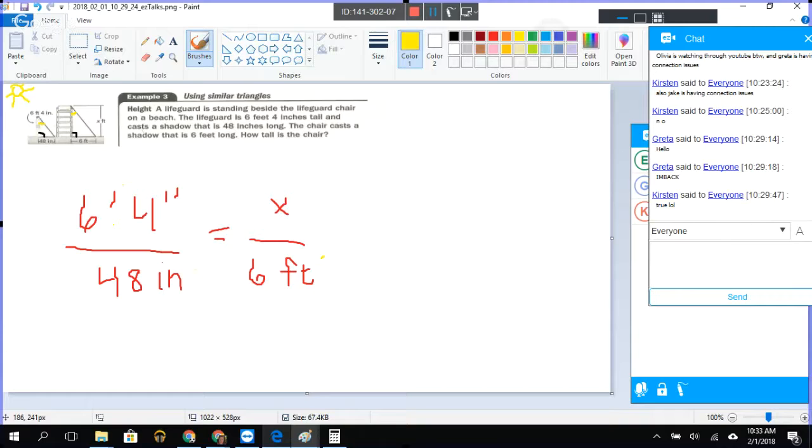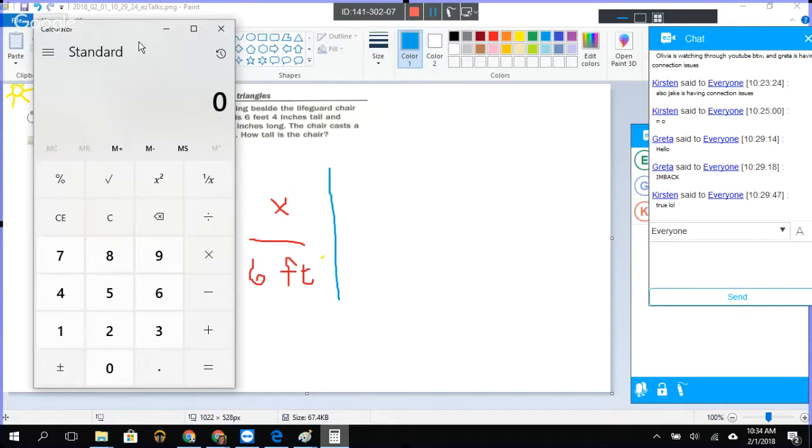Okay, so we have 6 foot 4 inches. We'll bust out my calculator since my brain is not working quickly today. So 6 feet times 12 inches plus 4 more inches is 76 inches tall.